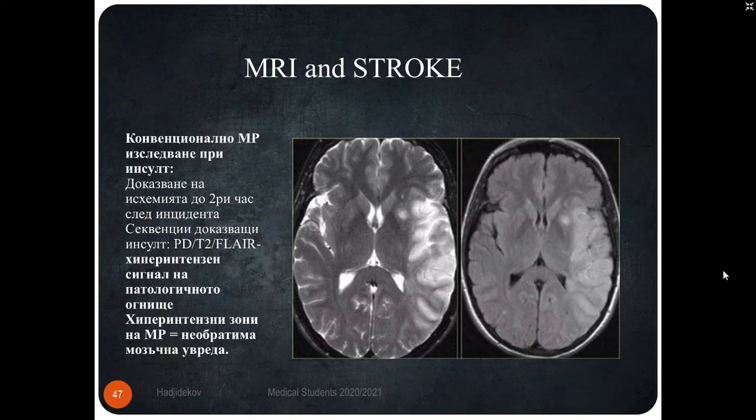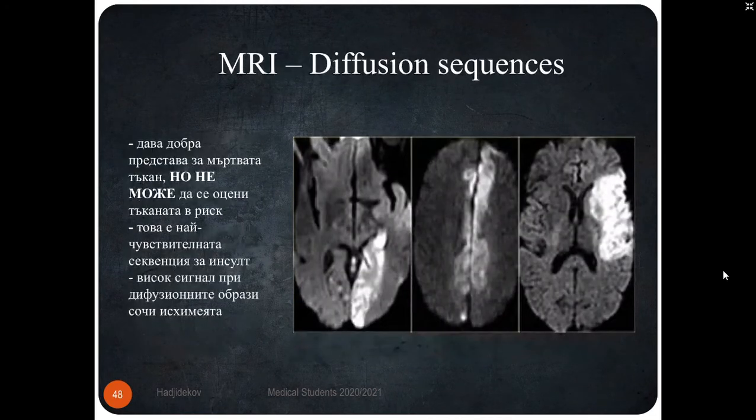If we have hyperintensity at that level, these hyperintense zones are definitive changes. They will not turn back to normal. They are completely ischemic lesions and areas.